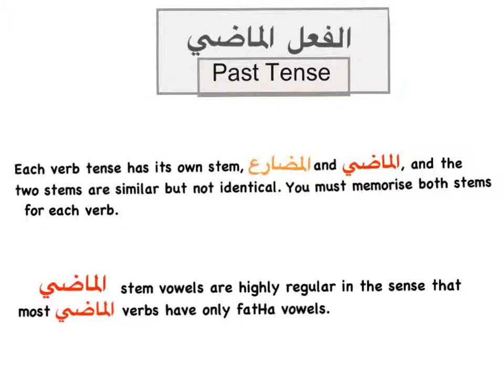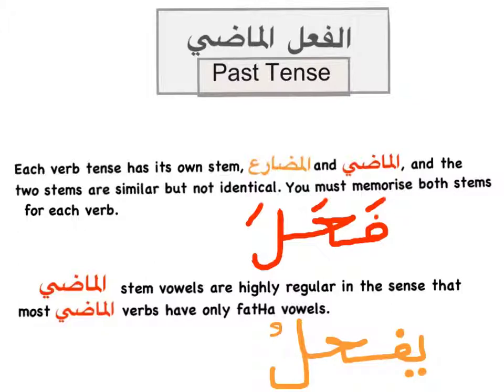الماضي stem vowels are highly regular in the sense that most ماضي verbs have only فتحة vowels, and you know that from فعل. This is a ماضي stem.